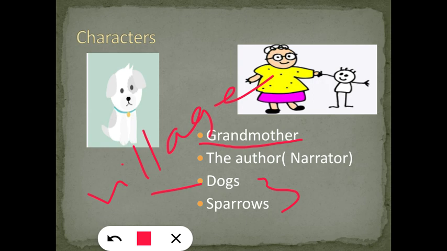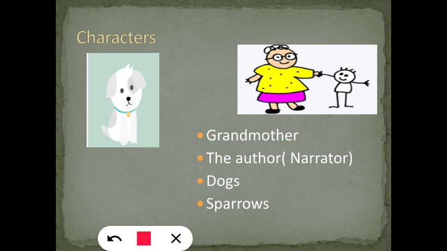That was in village. So, in the city, when they moved to the city, there are no dogs to be found. So, obviously, the only option that the grandmother has is to feed the sparrows. Okay, feed the sparrows, remember.